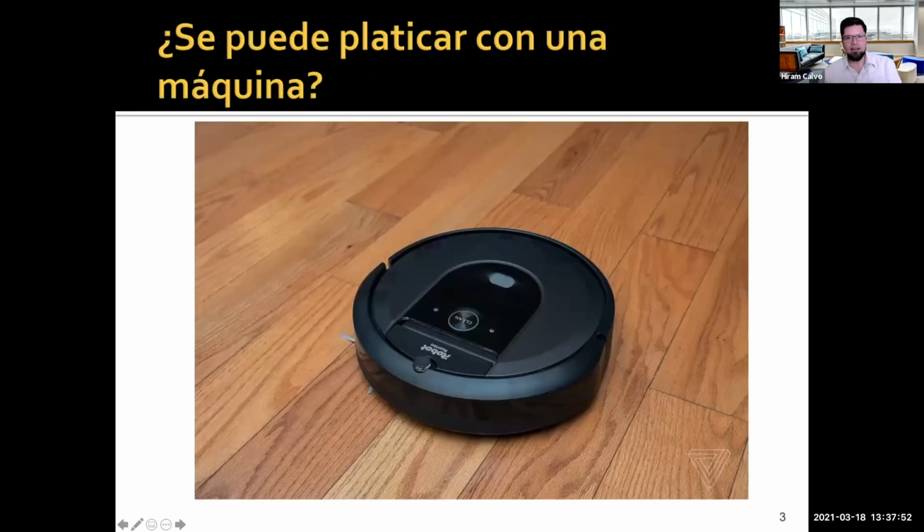Well, is it possible to talk with a machine? This is a question that has been asked many, many times, and maybe you can try to talk with your Roomba and ask it, please go there, there is more dust over there, and the Roomba seems to understand, and it goes, but it's only mere coincidence.